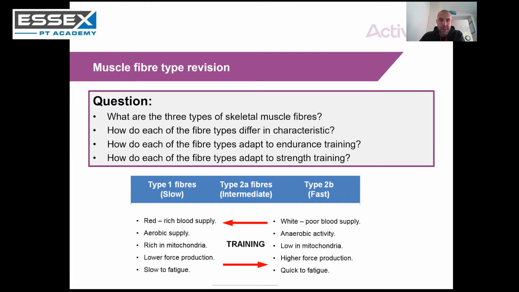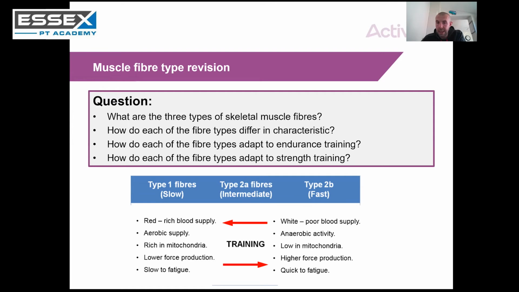Now, some of the characteristics of each of these, as you can see there: type 1 is rich in oxygen supply, aerobic, rich in mitochondria, because we said earlier that mitochondria is the powerhouse of aerobic respiration in the muscle. Lower force production, so because you're asking it to do a lot of repetitive movements, it won't produce as much force, but they take a longer time to fatigue. So that's what we're looking at with your type 1 fibers.